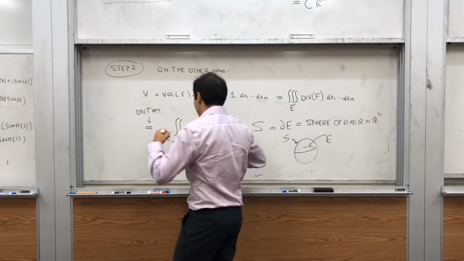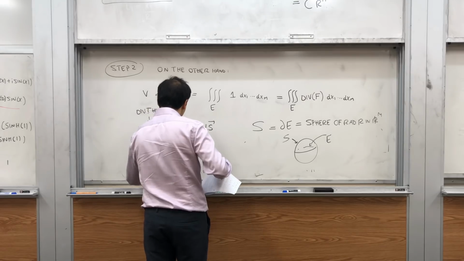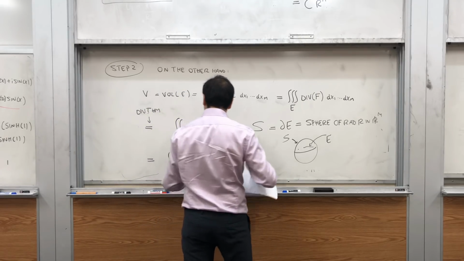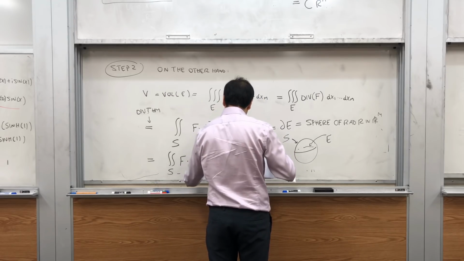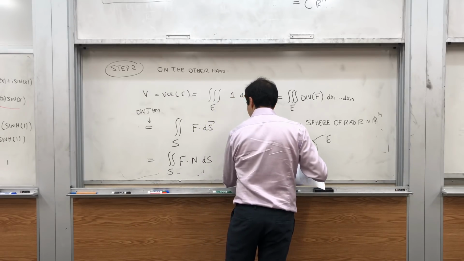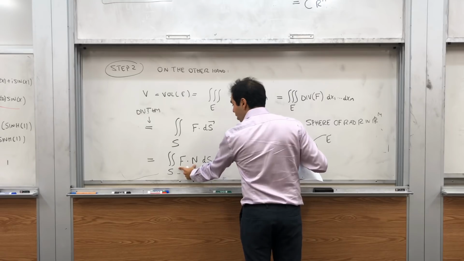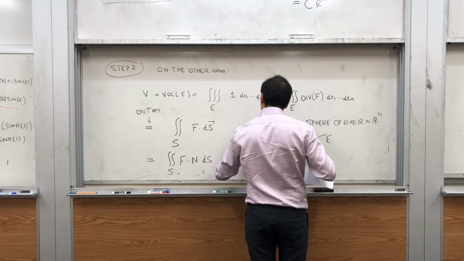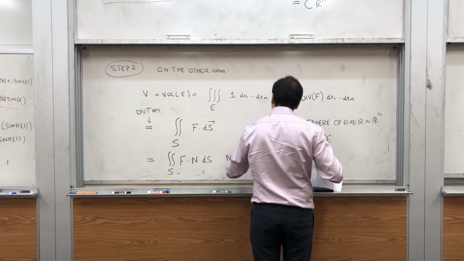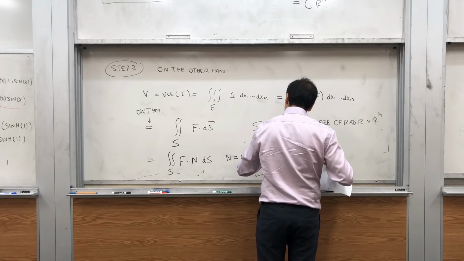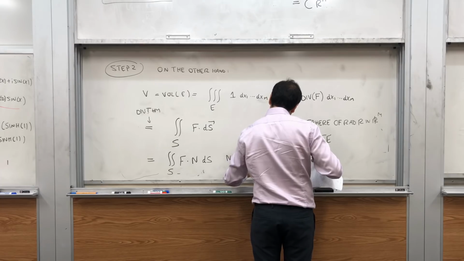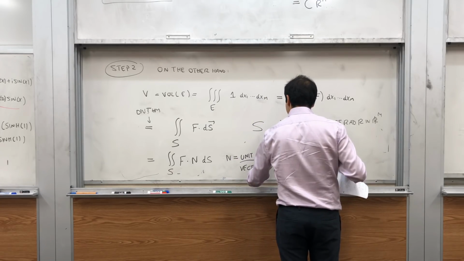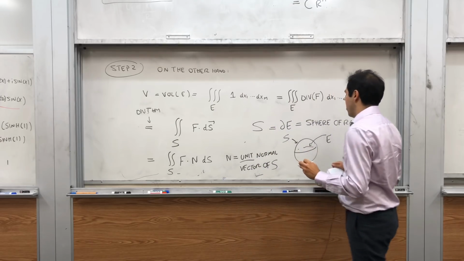That's the same thing as taking F and dotting it with the unit normal vector to your surface, and taking this quantity and integrating over S. So n equals the outward pointing unit normal vector of S at your point.